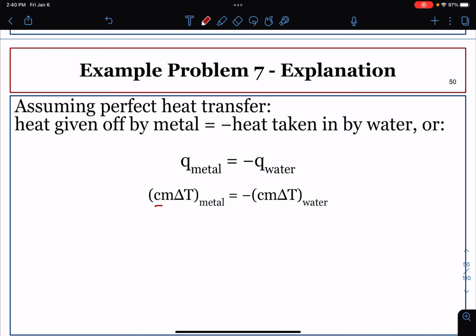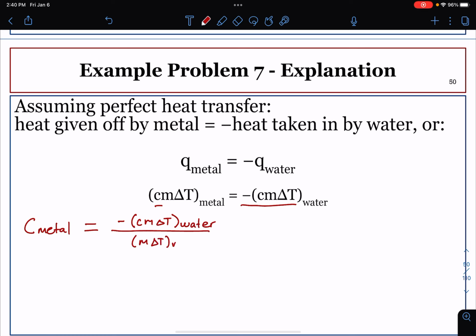If we divide both sides of the equation by the m delta T of the metal, we would then have C of the metal equal to the negative C m delta T of the water, divided by the m delta T of the metal. Now, if you plug in all of the numbers from the problem for each of these variables, you should be able to solve the problem. Pause to see if you can work this out before looking at the answer.